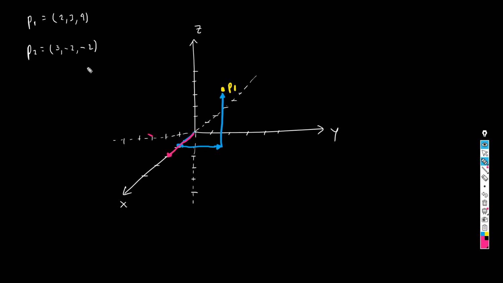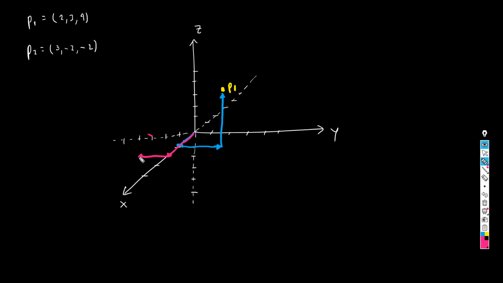And then minus 2 units in the y-axis. The negative units run in this direction to the left, so to speak. So I'm right here, and I'm gonna go 2 units in this direction. 1, 2. There you go. So 3, minus 2, and then minus 2 in the z-axis.